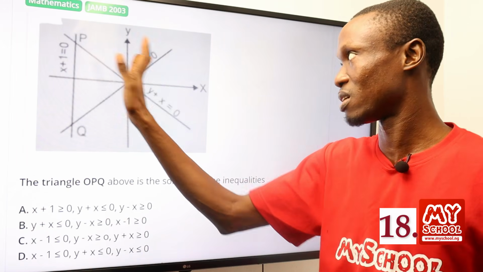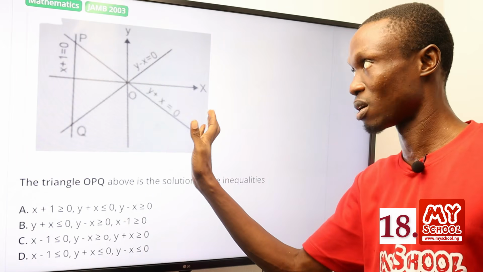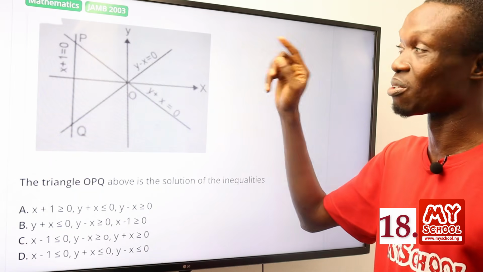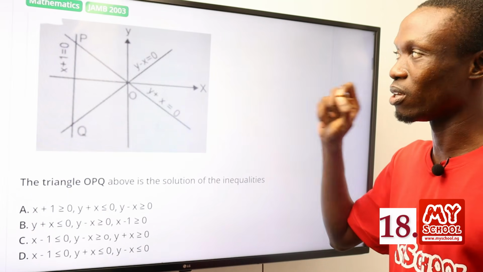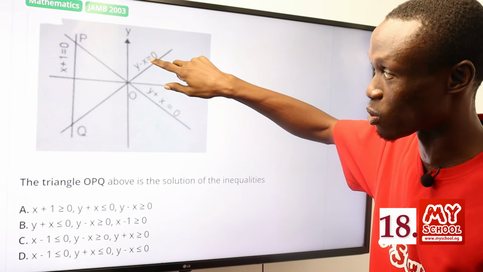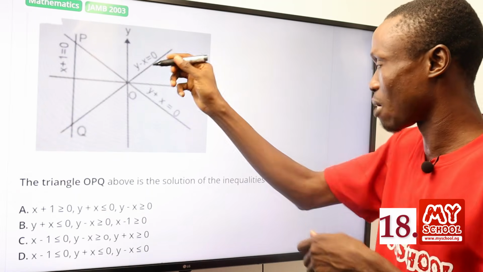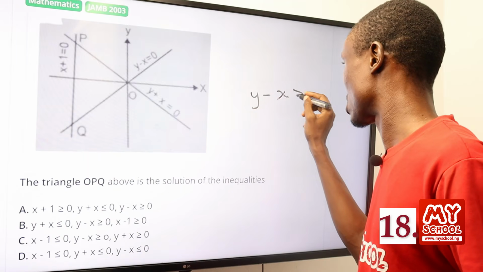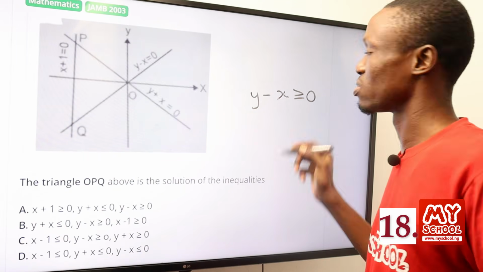This side is the lower part, okay? So since the upper part of this line is involved, we are going to be having greater than or equal to. We now use that greater than or equal to to replace this equal to that we have here. So this line now becomes y minus x is greater than or equal to 0.